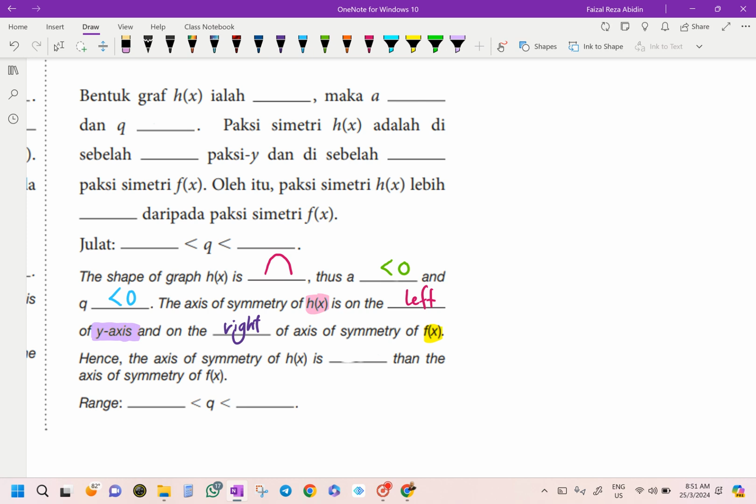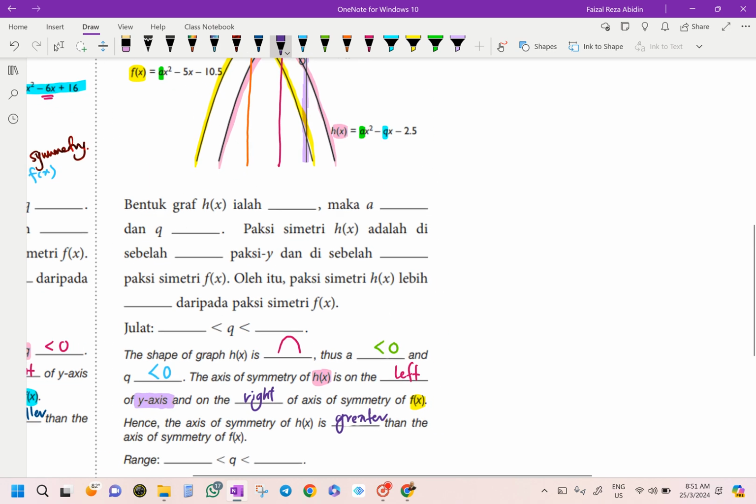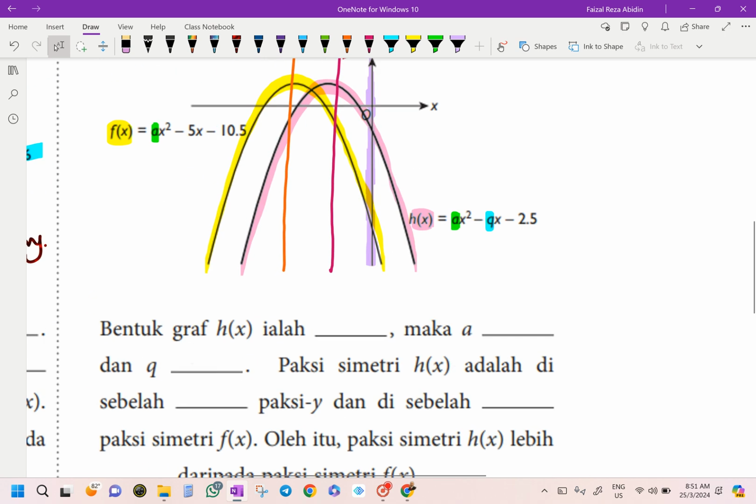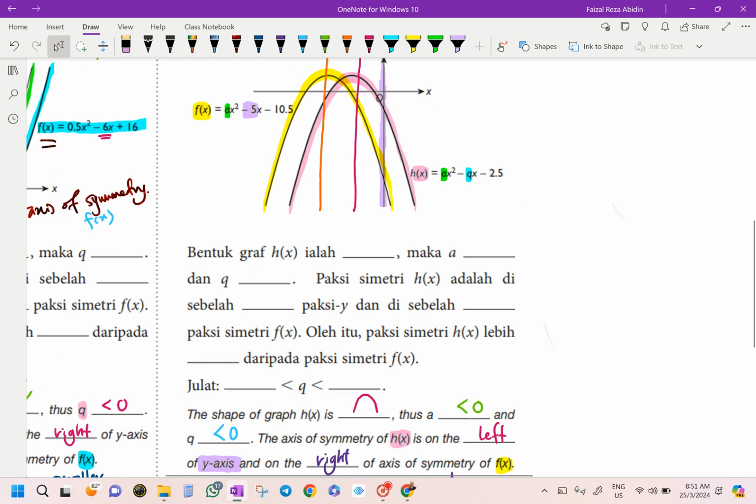Okay, hence the axis of symmetry of hx is what? Bigger or smaller? It's going to be bigger lah, or greater lah. Greater, cantik. Greater than the axis of symmetry of fx. Okay, what can we state about our range over here? Look at the value there. Where can you see the value here? Ni. Dia akan apa?